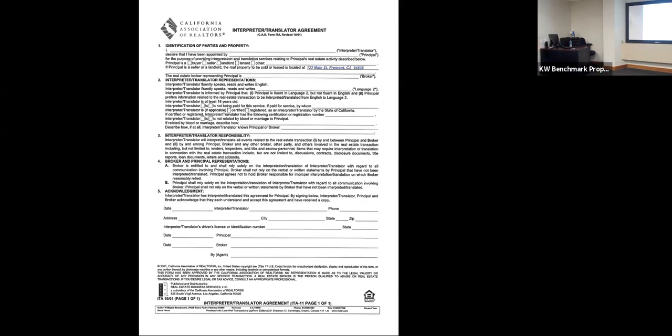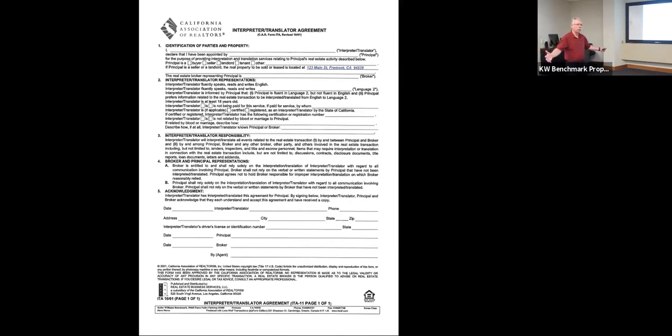Now, does anybody know how much an interpreter charges per hour? It can vary from $25 to $30 to $40 to $50 to $60 an hour. Now, ask yourself, how many hours might you have to rely on an interpreter to interpret documents with the client?